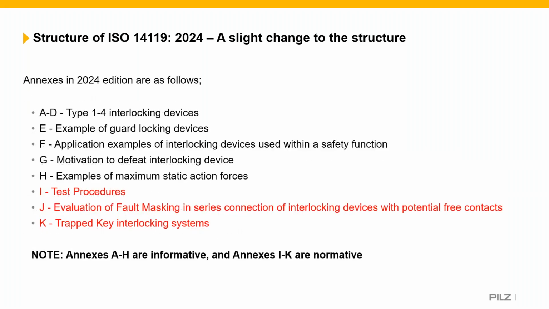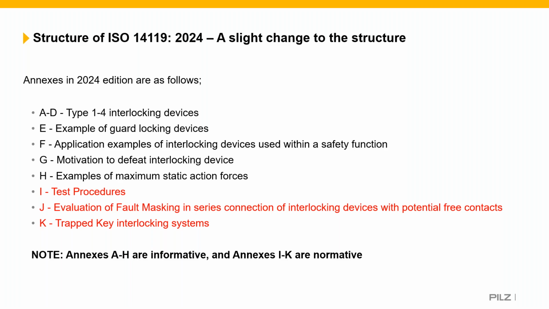If we look at the annexes that are in there, they're defined and there's some been added that are in there. So Annex A to D looks at type 1 to 4 devices. E gives us an example of guard locking devices. F on the application examples and things that we have. G, all about the motivation to defeat.